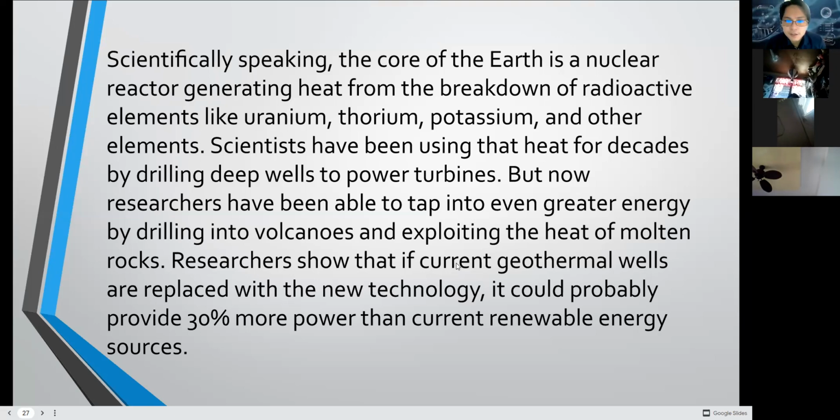Researchers show that if current geothermal wells are replaced with new technology, it could probably provide 30% more power than current renewable energy sources. Because of that advancement of technology, this can actually give us another 30% of power.